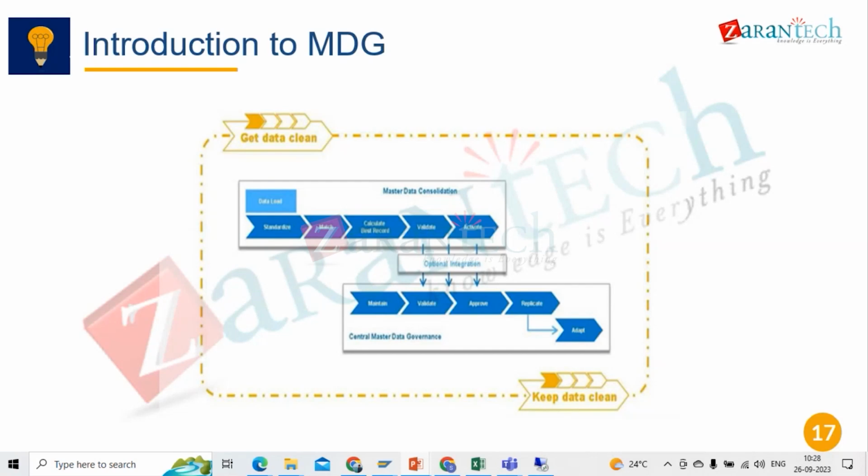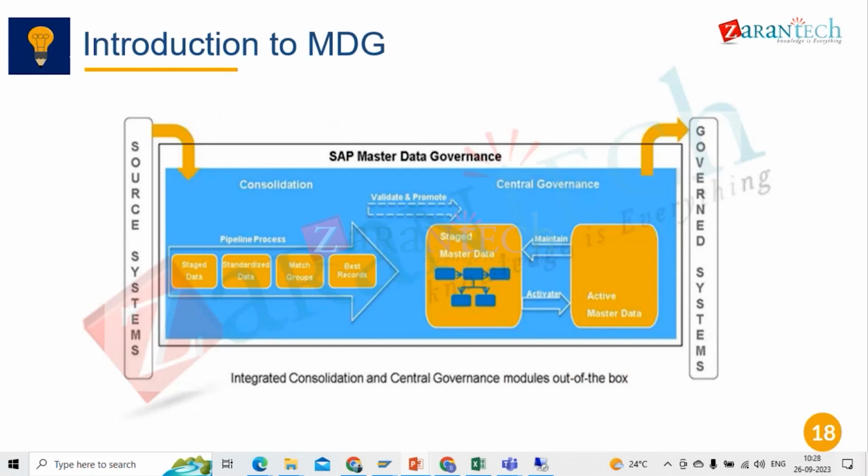Active data will be replicated to target systems when the approver approves the change request. Okay, and we'll go to the next step.